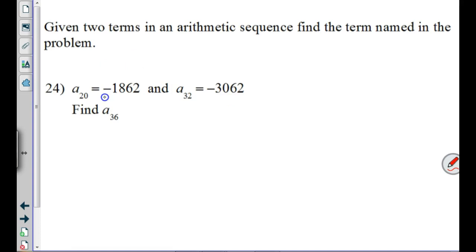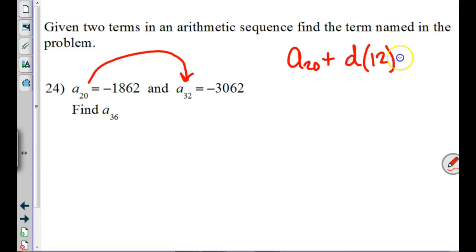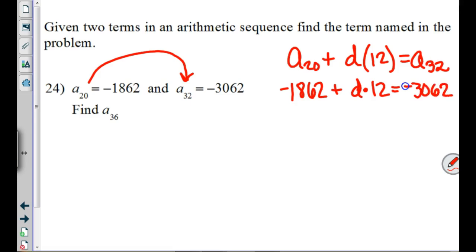Okay, so from the 20th to the 32nd term, the 20th term plus how many differences, 12 times, would give us the 32nd term, right? So let's put those numbers in. Negative 1862 plus the difference 12 times got me to negative 3062.